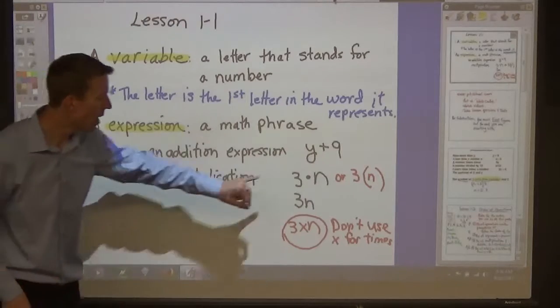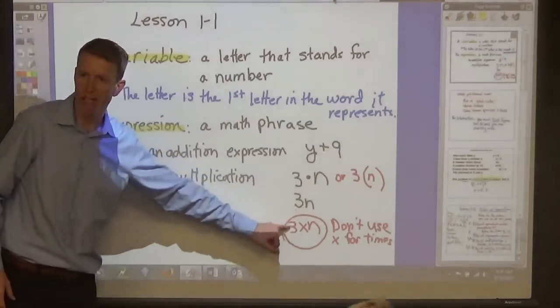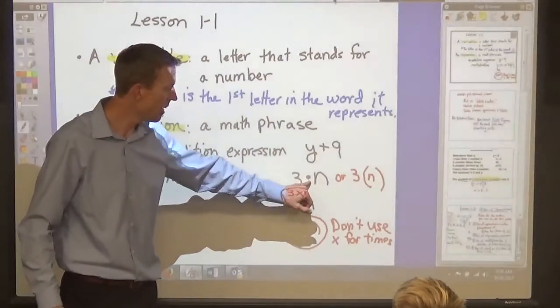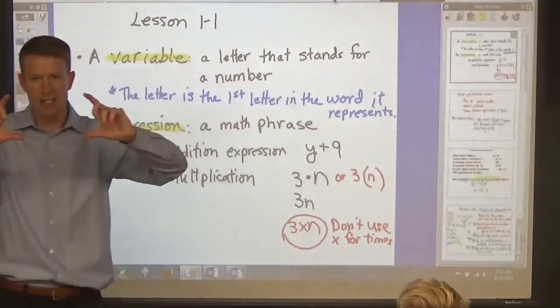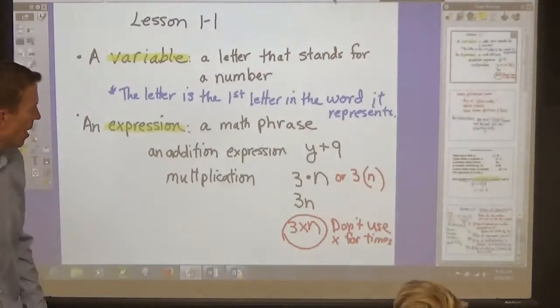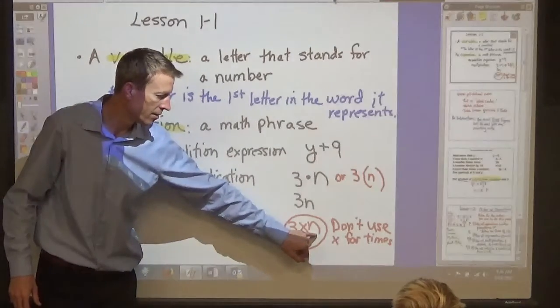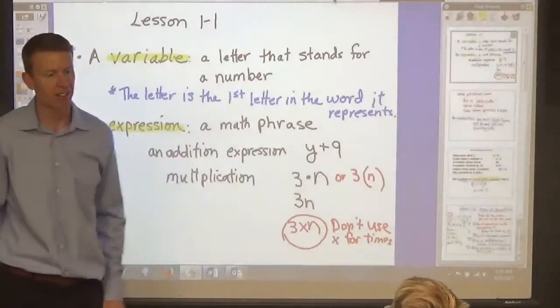When we are writing a multiplication expression, there are a few ways that you can write the multiplication. Like 3 dot n means to multiply, or 3 parentheses n. But it's not good to write 3xn and use x for times. Do you remember why?